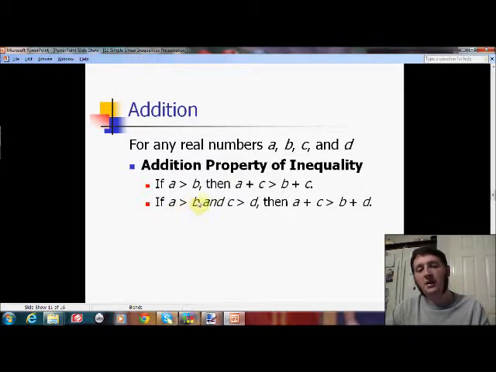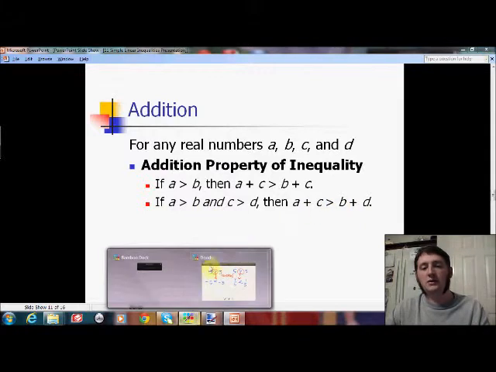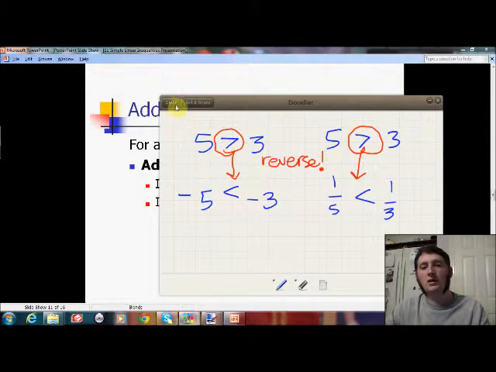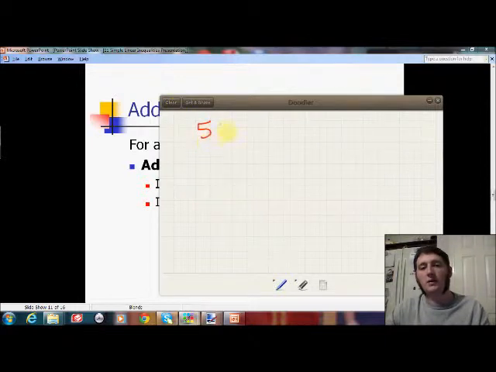Inequalities do, however, have a neat property here. If A is greater than B and C is greater than D, if you add the left-hand sides together, it's still guaranteed to be greater than the right-hand sides added together. I'll just use Doodler real quick to give you a feel for that one. We know 5 is greater than 3. We know that 7 is greater than 2.